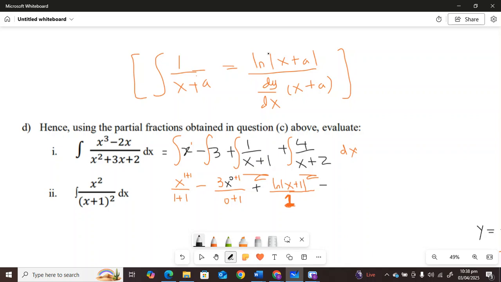Or this, the absolute value. So these two straight lines. Yes, absolute value. You ignore negative signs.